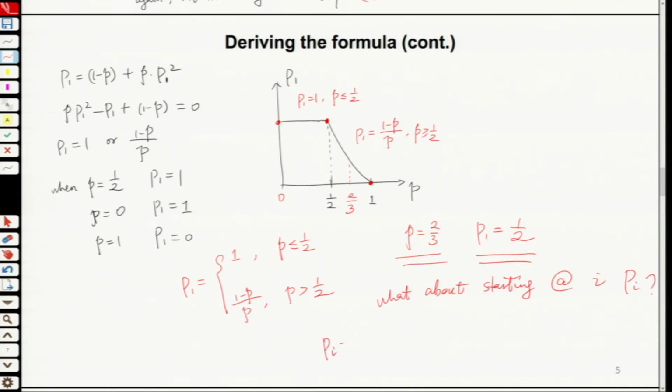So Pi is actually equal to ((1 minus p) over p) to the power i if p is greater than 1/2, and it is 1 if p is less than or equal to 1/2. So up to now, this is P1 and this is Pi.